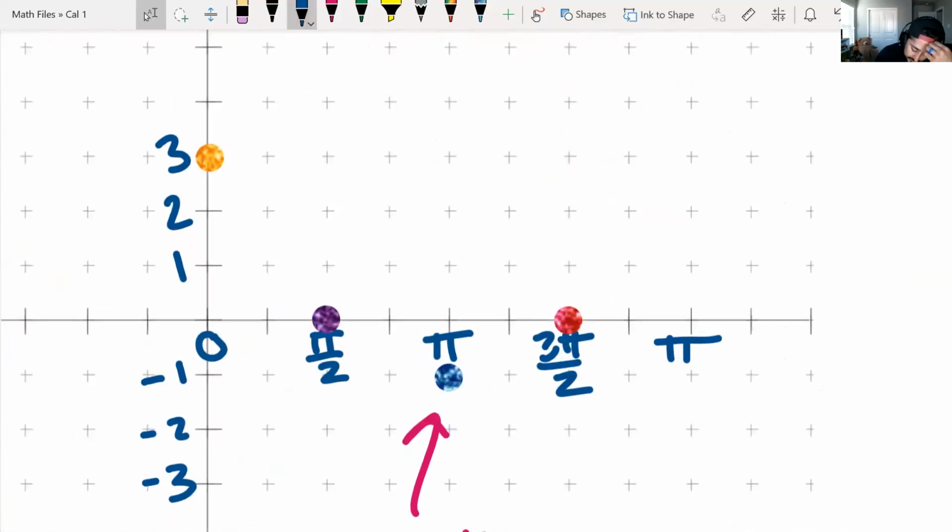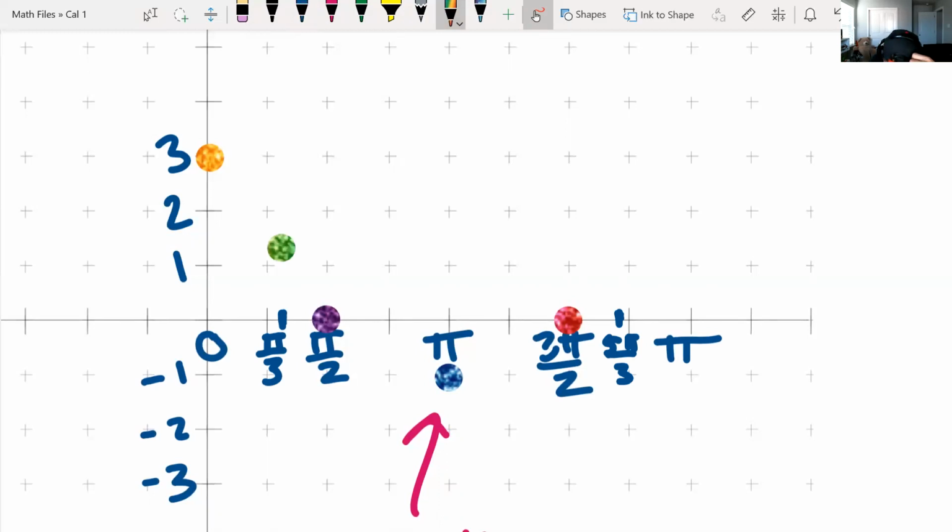So let's put pi over 3 right around here, and then 5 pi over 3 right around there. Both of them have y values at 1.25. So right here and right there.